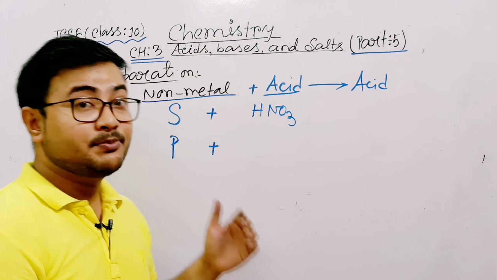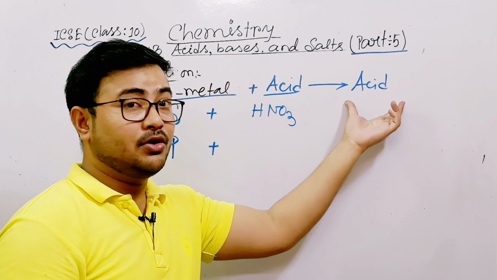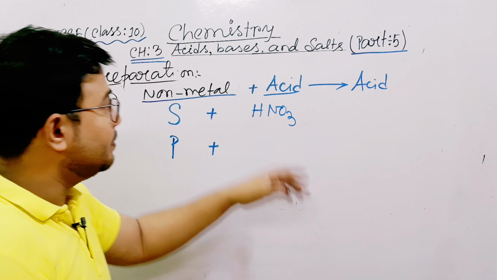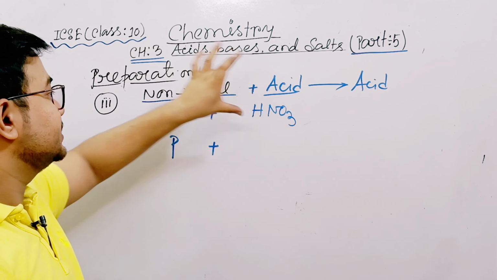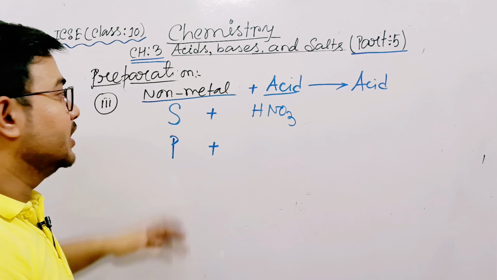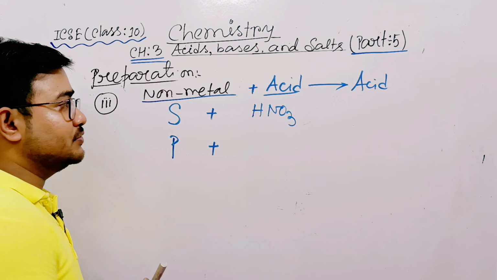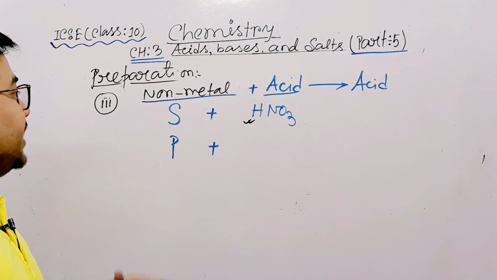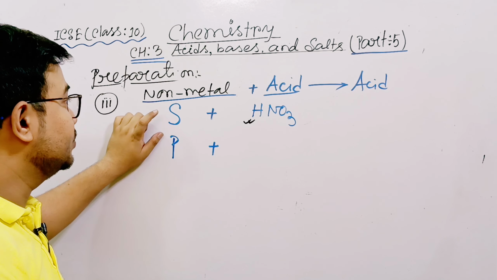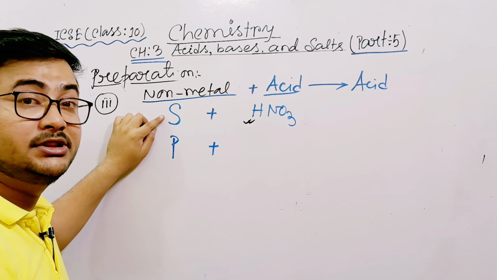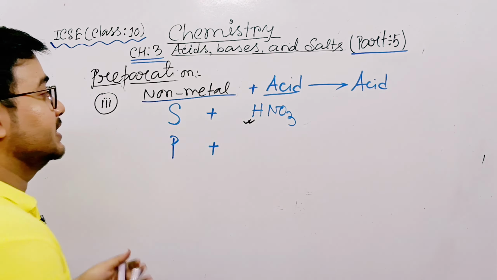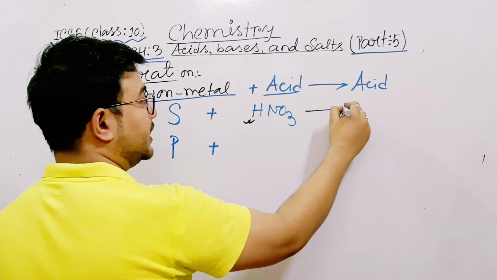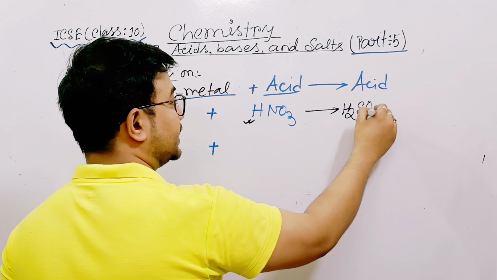So in this process we can synthesize different types of acids from a particular acid when it reacts with a non-metal. Can you tell me the name of an acid which contains sulfur? Yes. So nitric acid when reacted with sulfur will form sulfuric acid.